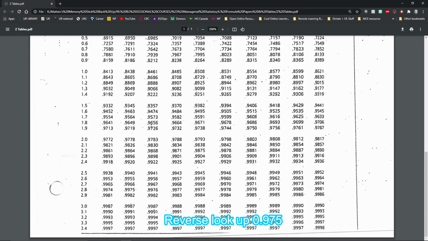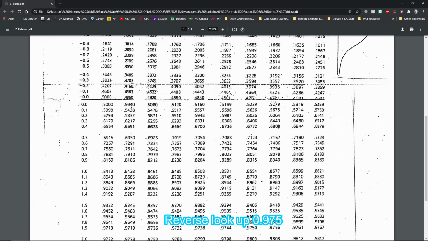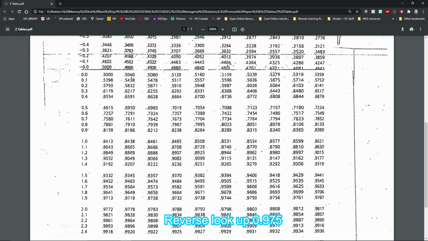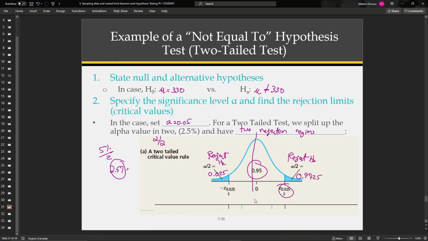Okay, there it is. 0.975. There it is. So 1.96. So on this side, it's z equals 1.96. The normal curve is symmetrical, so you get negative 1.96 if you looked up the other one.